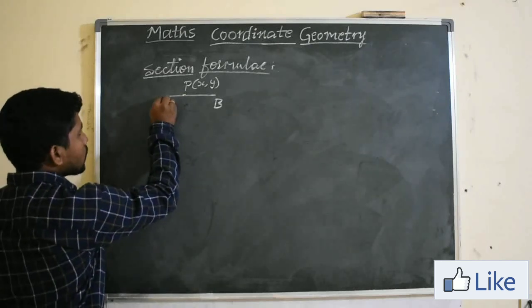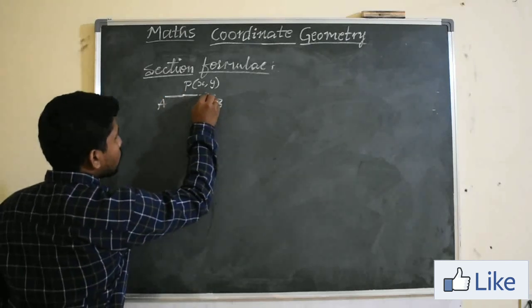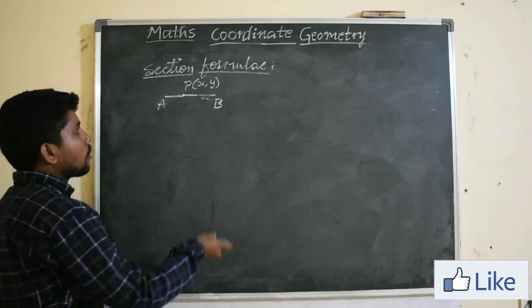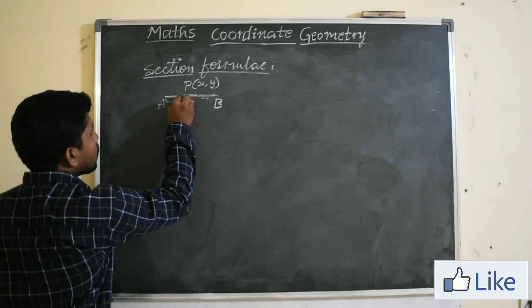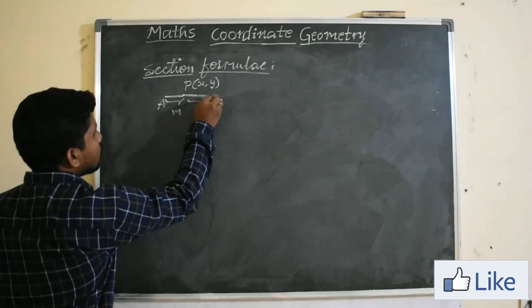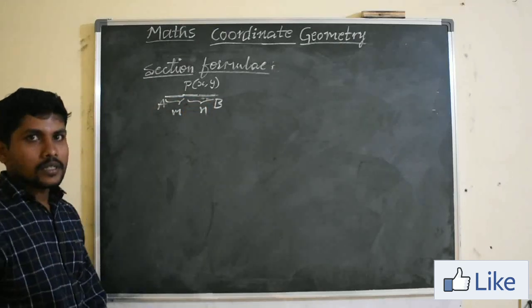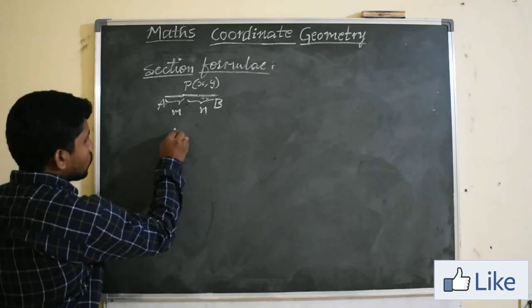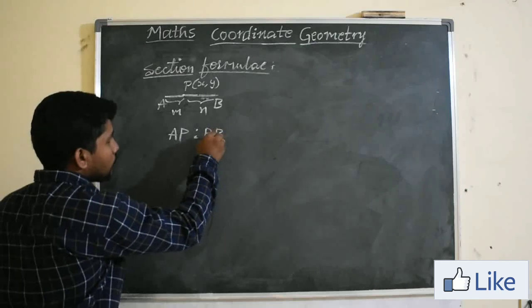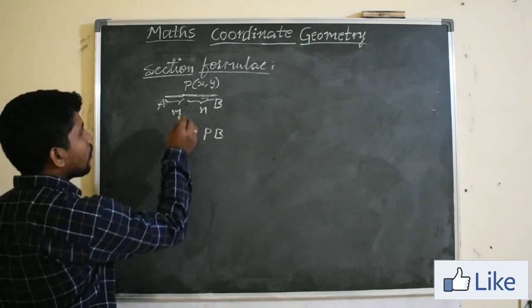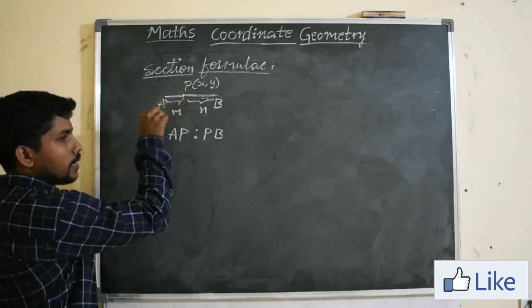This point is dividing this line segment in some ratio m is to n. So the notation will be AP is to PB, where the point is dividing internally.